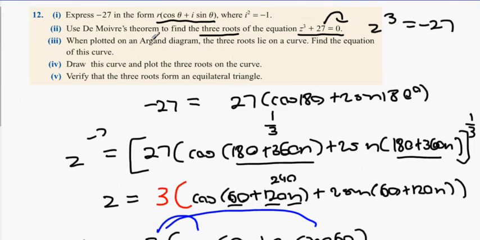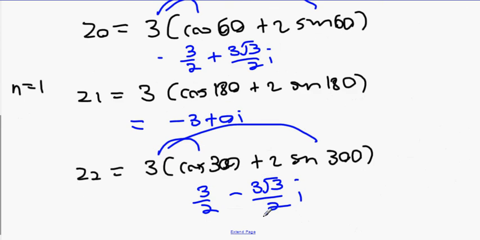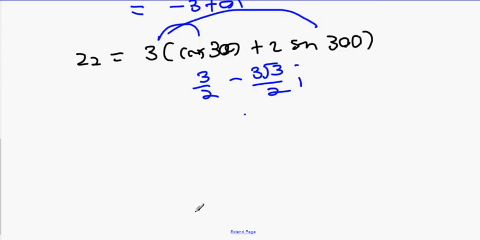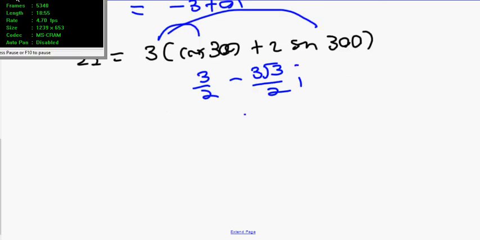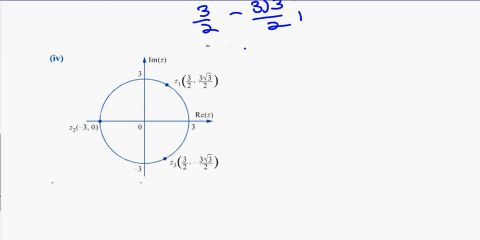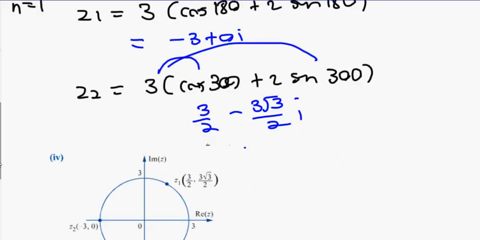Now what they ask next is, when plotted on an Argand diagram, the 3 roots lie on a curve. Find the equation of this curve. So you draw the 3 points on an Argand diagram. This one here is minus 3, 0, which is 3 to the left, and it's located here.